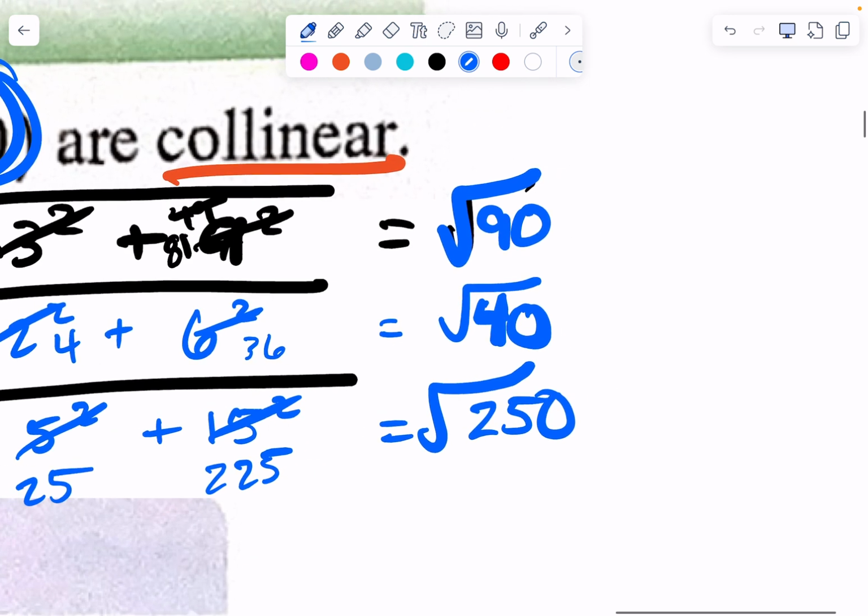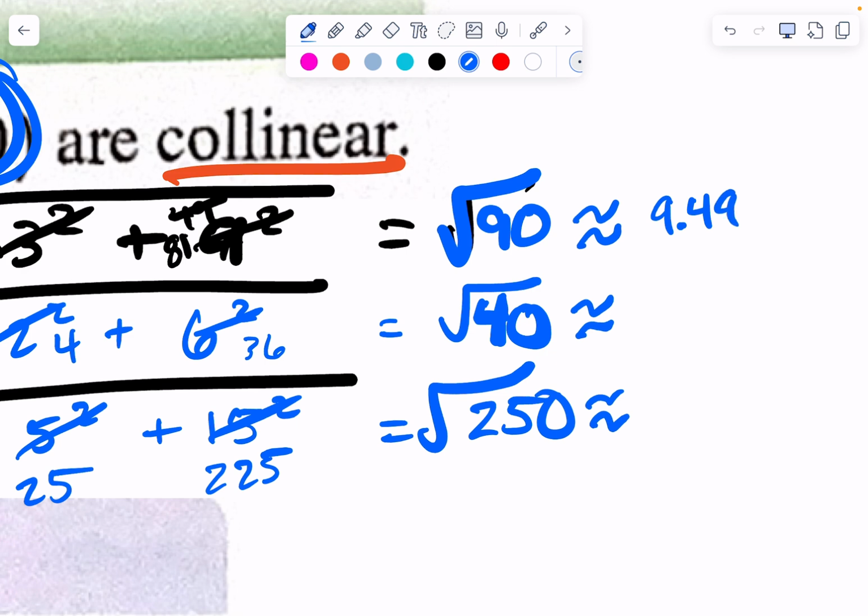But these are square roots, though. You don't add the stuff inside the square roots. Oh, crap. So let's actually figure out what these are as decimals and see if it works out. The square root of 90 is 9.49.